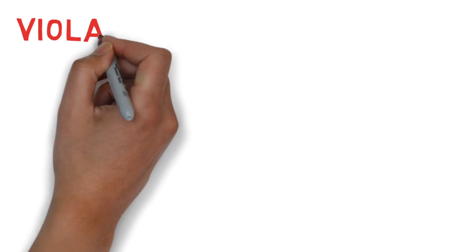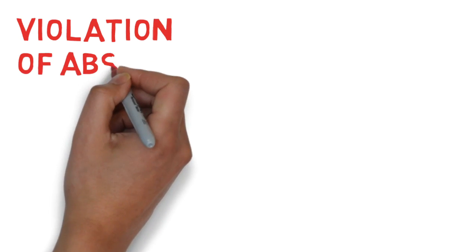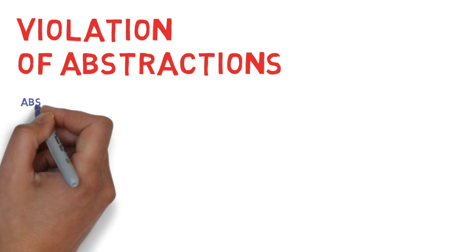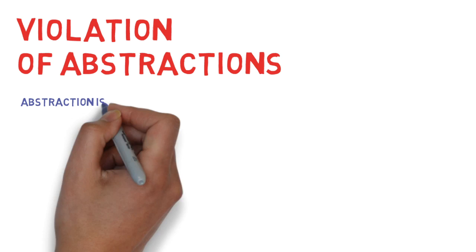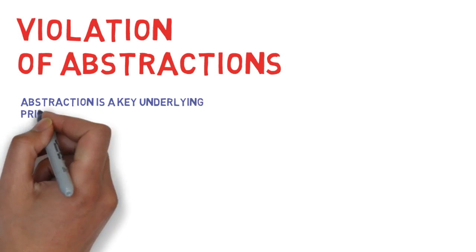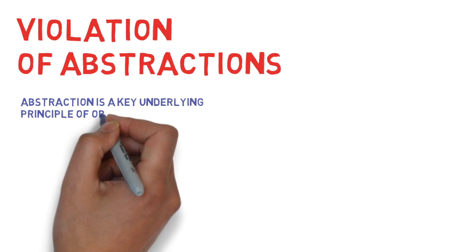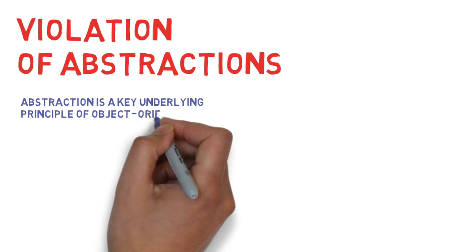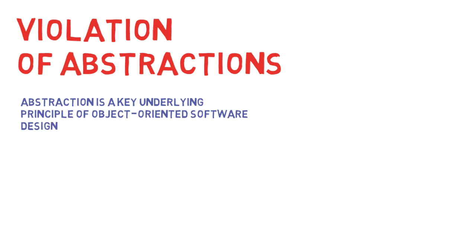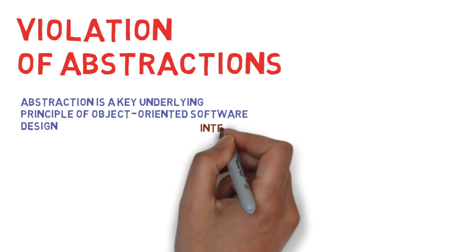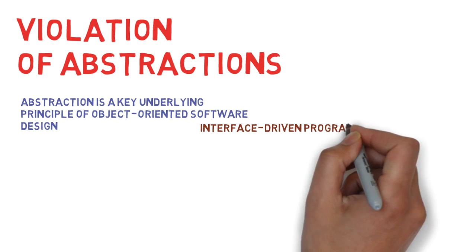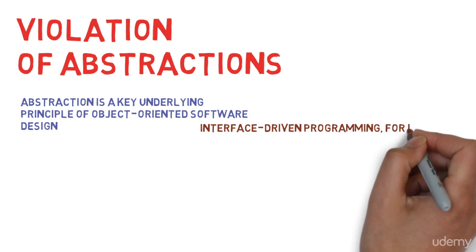The very first thing you would have learned about object-oriented programming is that it provides abstractions which completely decouple you from the implementation details of an object. Abstraction is a key underlying principle of object-oriented software design, and it is a key reason why it's powerful, why you can build huge complex pieces of code and still have it be maintainable. For example, if you just think about interface-driven programming, it's all about abstraction.